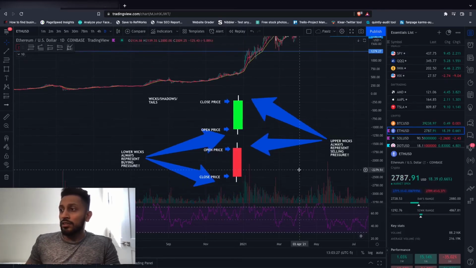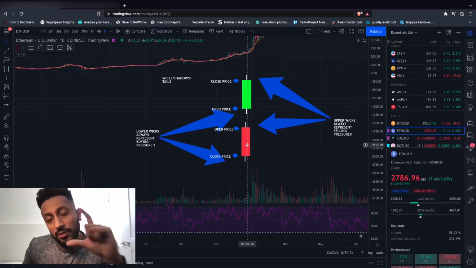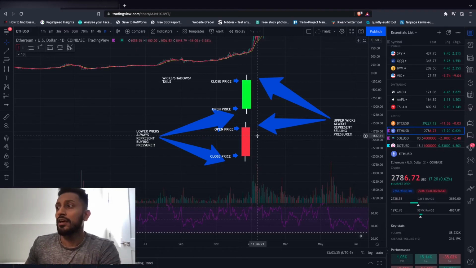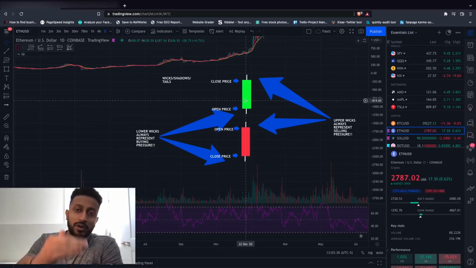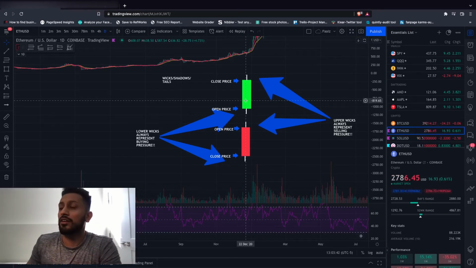So, to recap, what are candles? Candles are visual representations of price movement over a specific time, right? A green candle shows us that the price moved up during that time frame. A red candle shows us that the price moved down during the time frame.